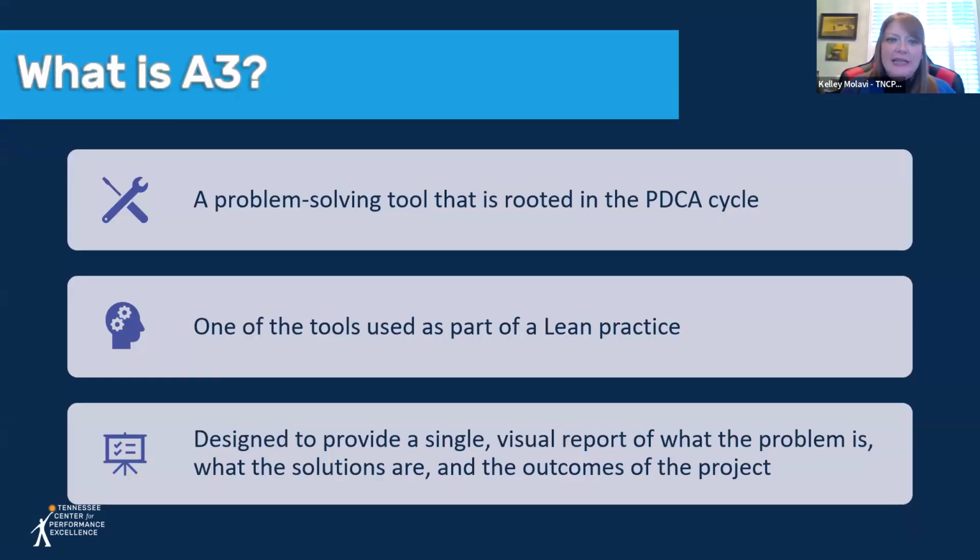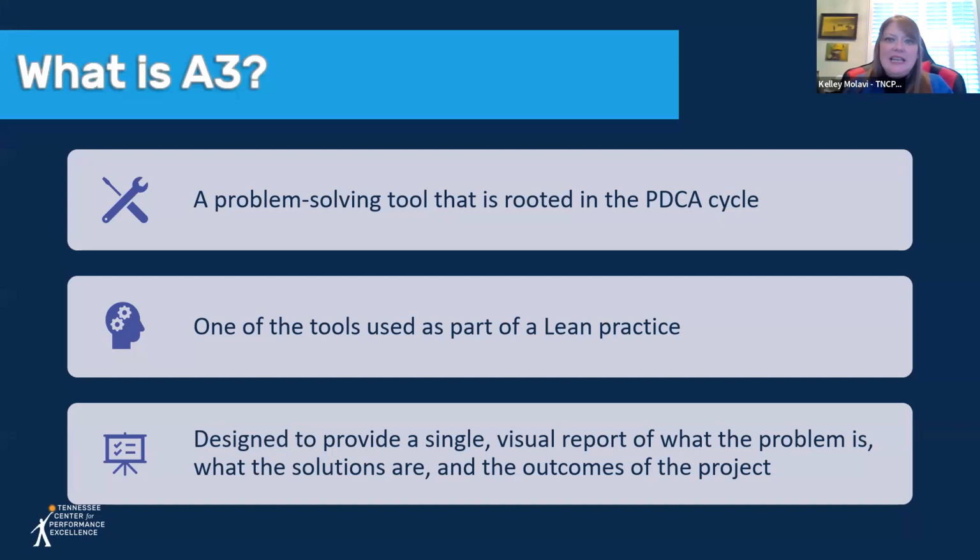So A3 is a problem-solving tool that's rooted in the PDCA cycle, the Plan, Do, Check, Act cycle. It's designed to get to the root of a problem and identify ways to fix it.